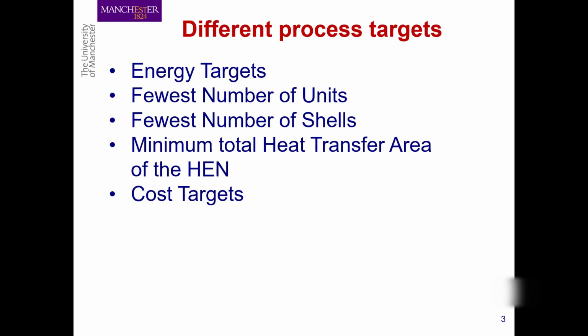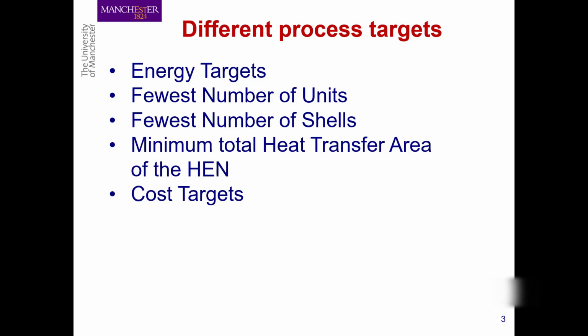The targeting procedures tell us that we should select a particular design which meets the targets of the process. If we see the targeting procedure, there can be many targets which can be set before the design for a specified value of delta T minimum.